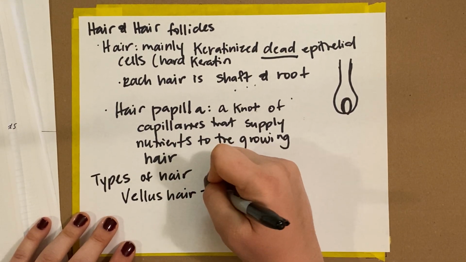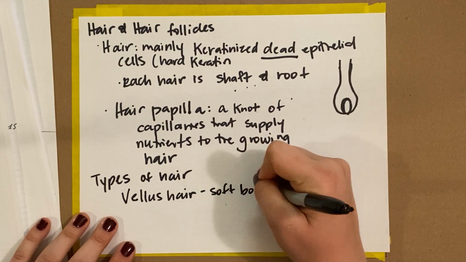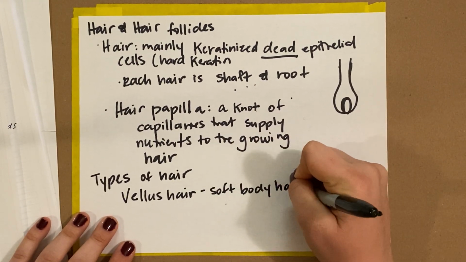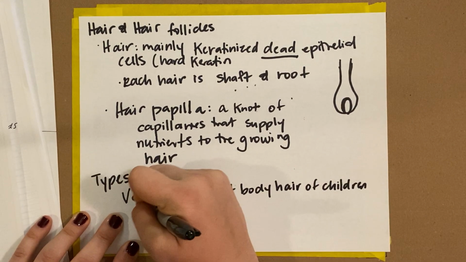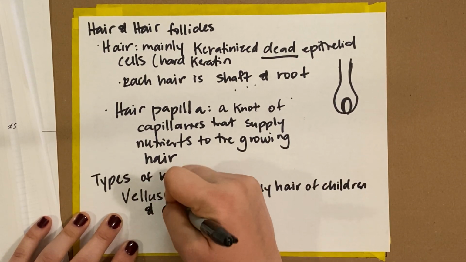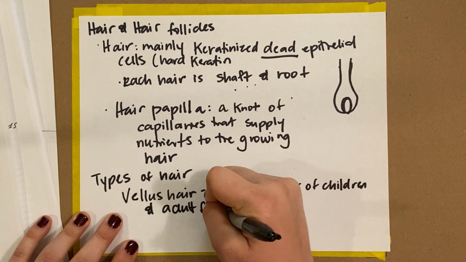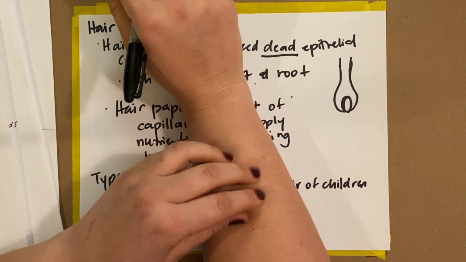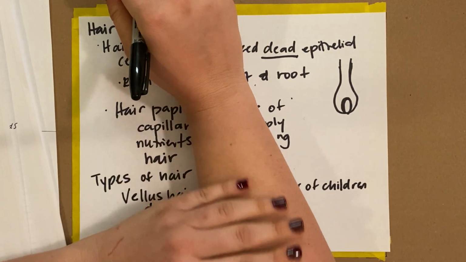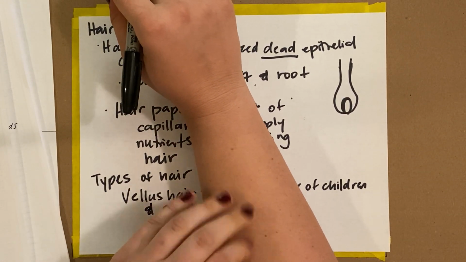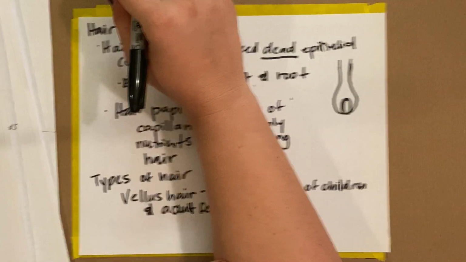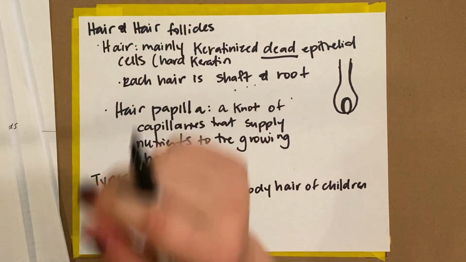This is basically soft body hair of children and adult females. This would be like the hairs on your arm and things like that. So it's softer hair, and it doesn't grow very long.